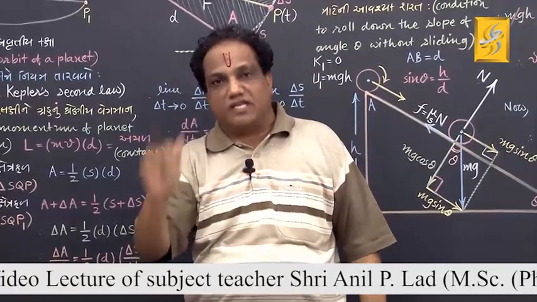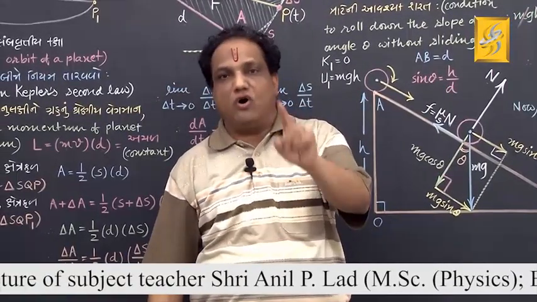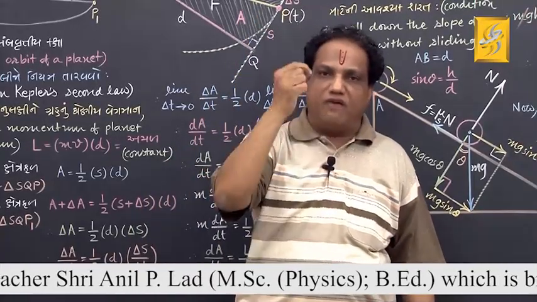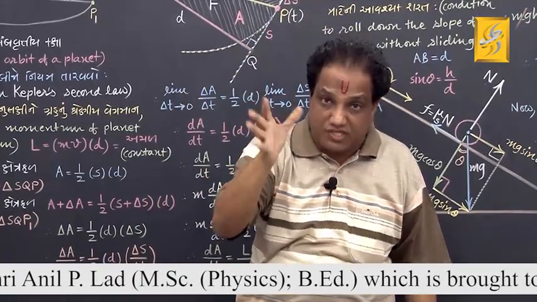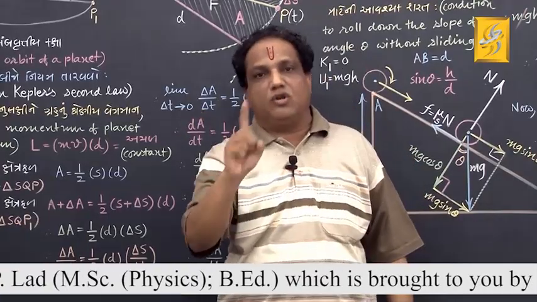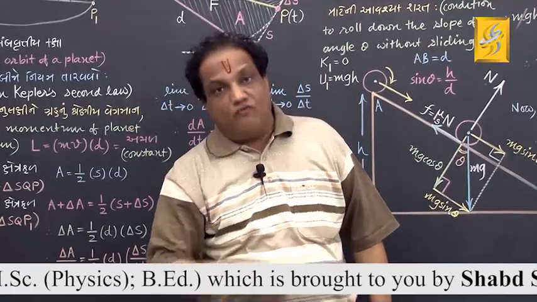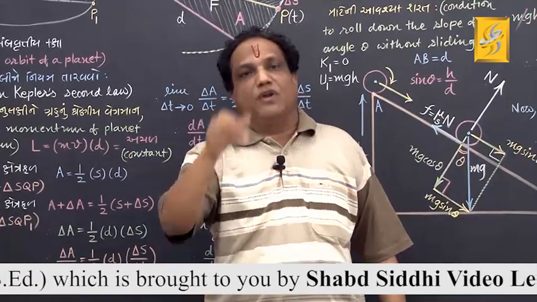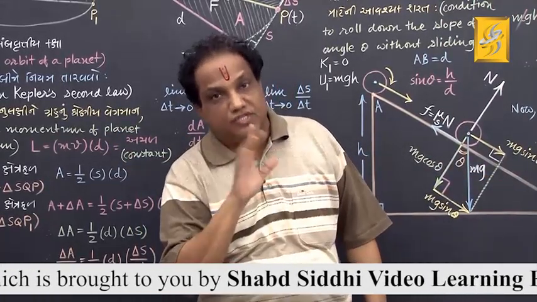Just speak out for the last time. Kepler's second law of planetary motion: aerial velocity of every planet remains constant. For different planets, aerial velocity might be different, but for a given planet, it remains constant.